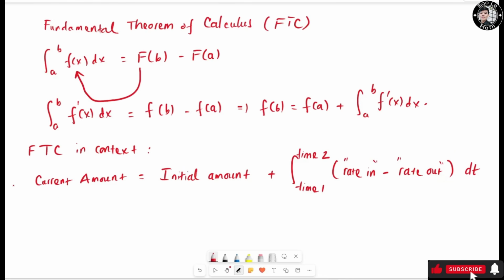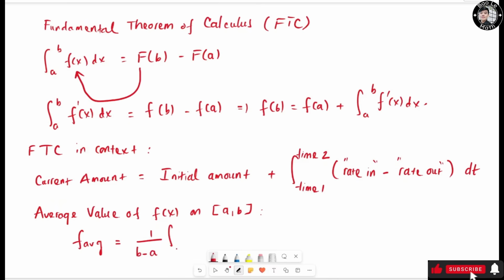Now the average value of the function f of x on the closed interval a to b is given by the formula: the average value equals 1 over b minus a times the integral from a to b of f of s ds, or you can write the integral from a to b of f of s ds divided by b minus a.